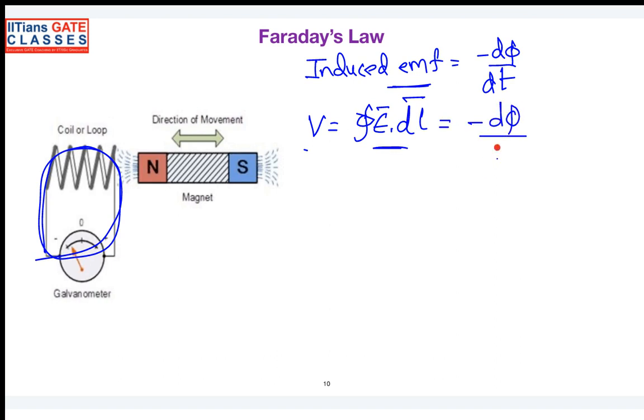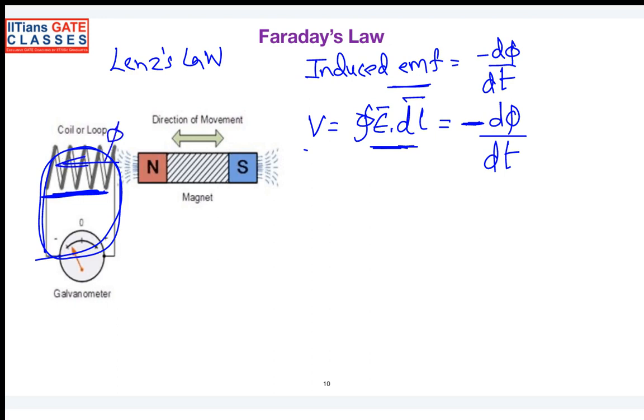And there is a significance for this minus, you would have known the reason because it is justified by Lenz's law. So what does Lenz's law say? The negative sign indicates that whatever the induced EMF created in this circuit, it is trying to oppose the change of the flux.